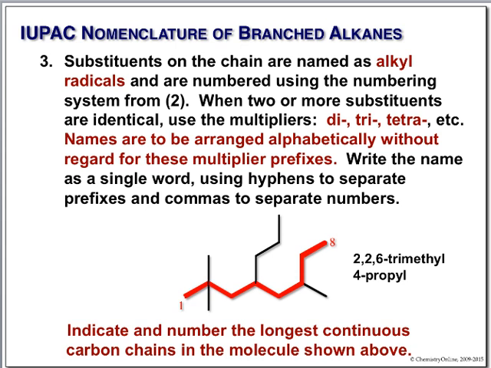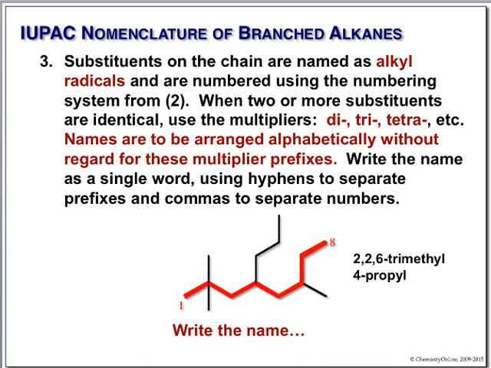Now let's write a name. What you have to do at first is list the substituents. Then you put the parent. This is all one word, no spaces, only commas and dashes.